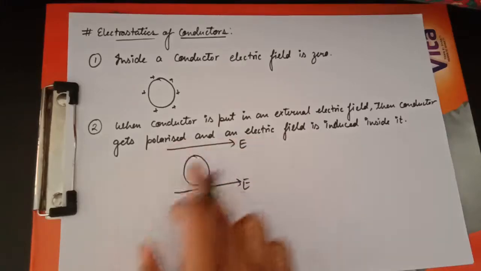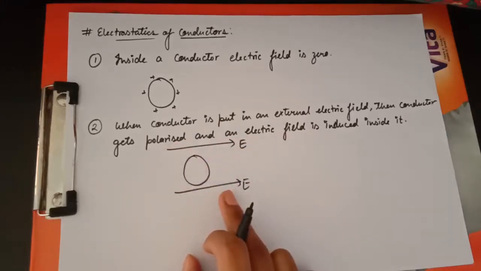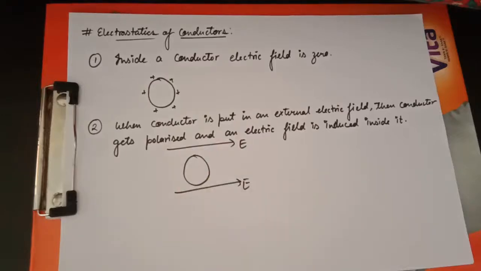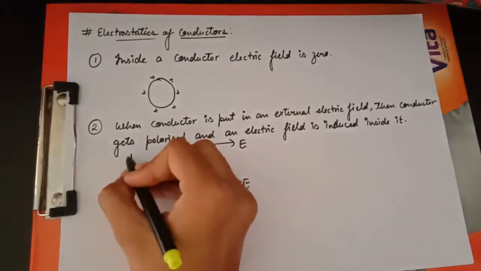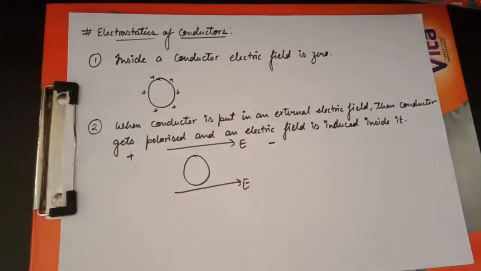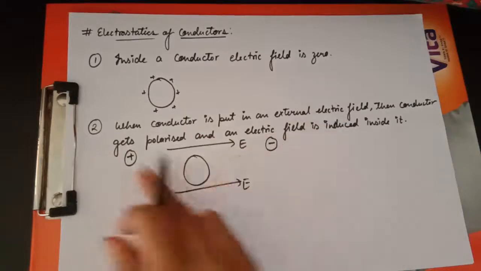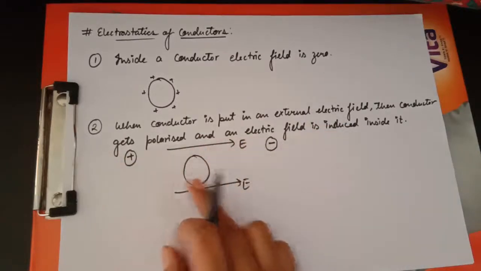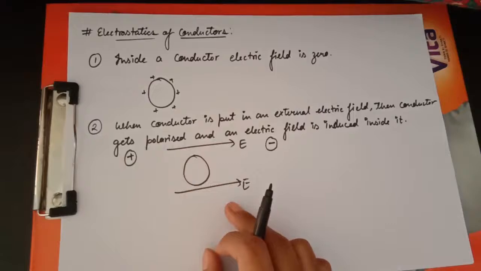Means if this is your external electric field, as you know, the electric field lines emerge from some positive charge and merge at some negative charge. So here will be some positive charge and here will be some negative charge. That's why the electric field lines are showing this type of nature.